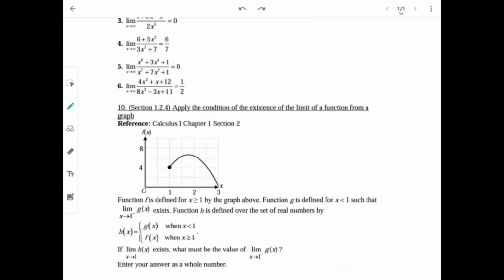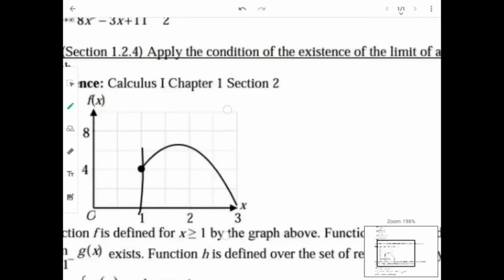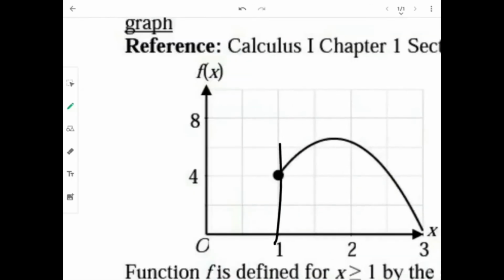Okay, so number 10 is very simple and easy because they said the limit has to exist. The limit at 1, so over here. For it to exist, the left limit must be equal to the right limit. So the right limit is 4. So what should be the left limit?